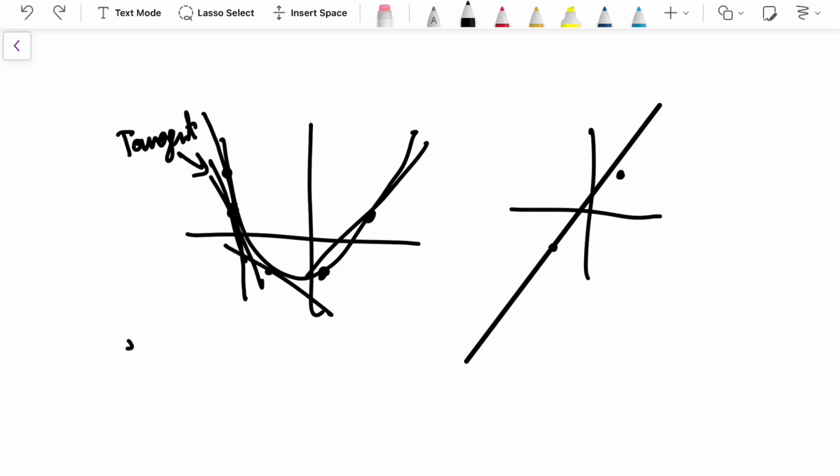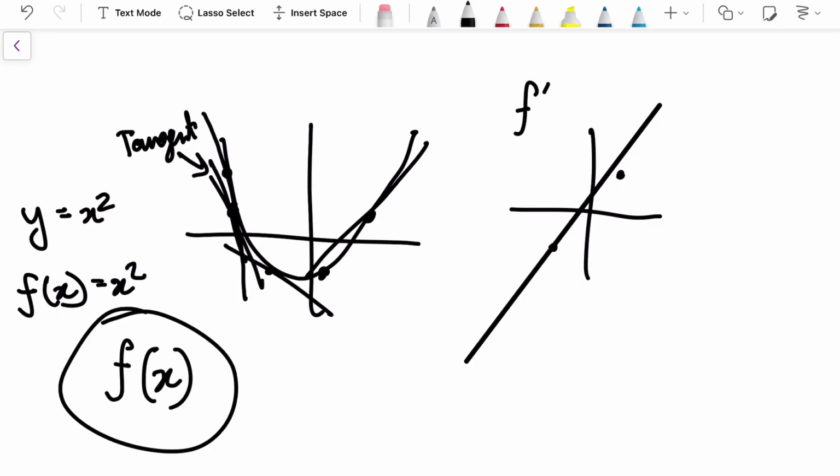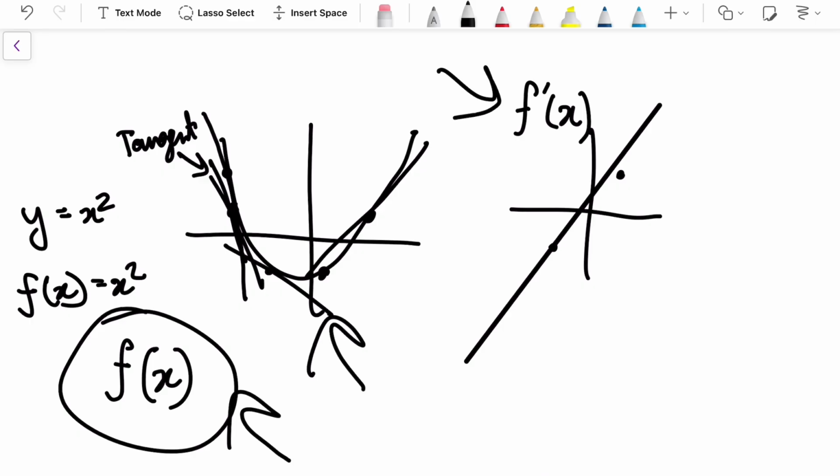If this is f(x), which is a function of x, when we did y is equal to x squared, we can just write f(x), which is a function of x, is equal to x squared. So here y is equal to f(x), we just write it as f(x). It's a bit more fancy, nicer. So we can say this is f dash of x. This is a function of x, this curve, and this is f dash of x, the derivative function of x, okay?